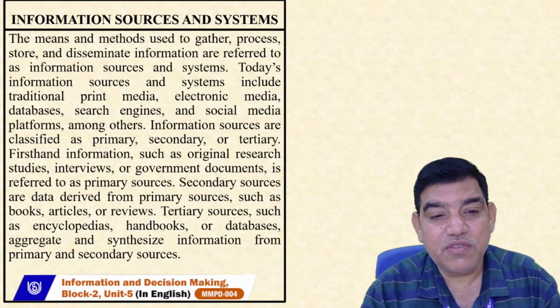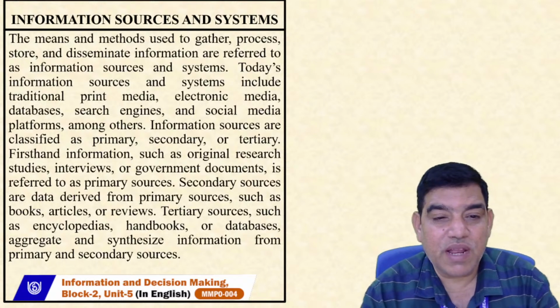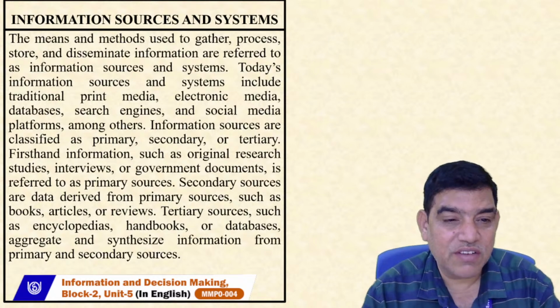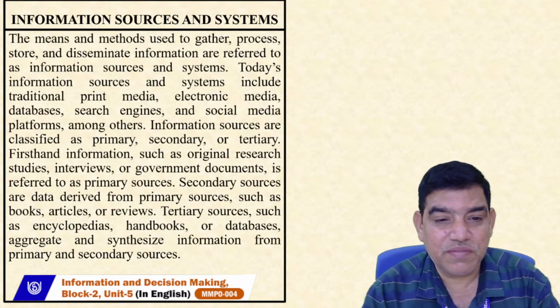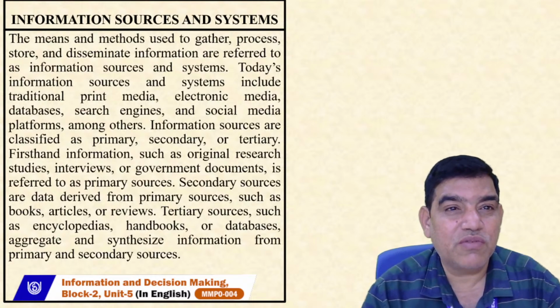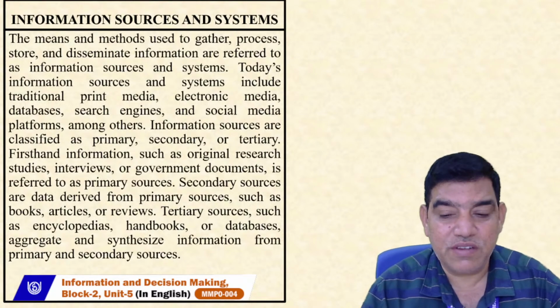Secondary sources are derived from primary sources, such as books, articles, or reviews. And tertiary sources such as encyclopedias, handbooks, or databases aggregate and synthesize information from primary and secondary sources. So these are the main sources where we collect our information as per our need.